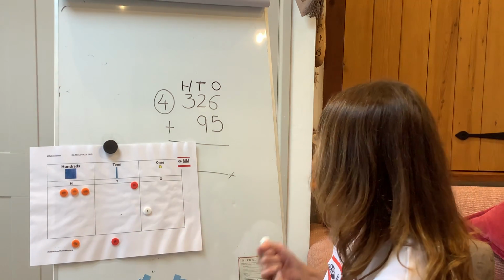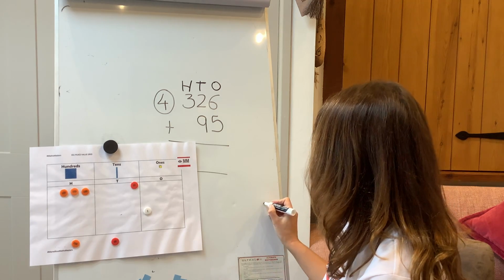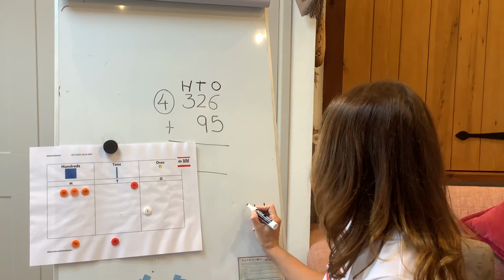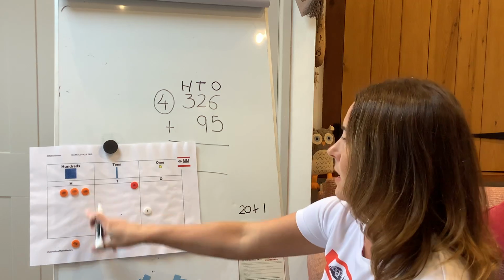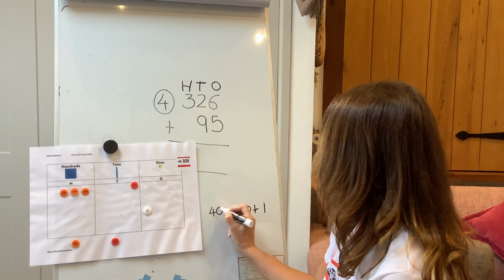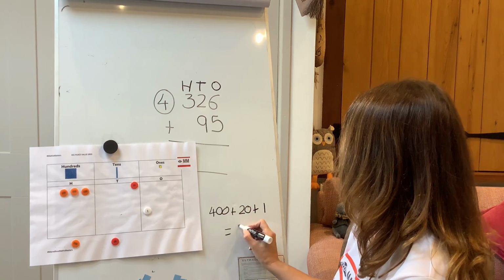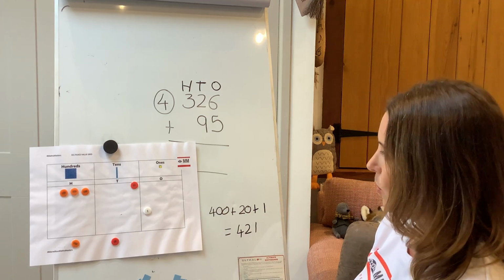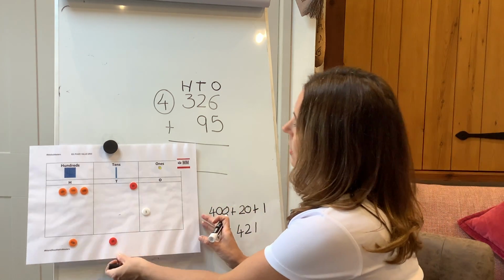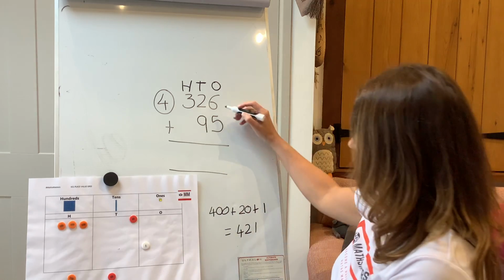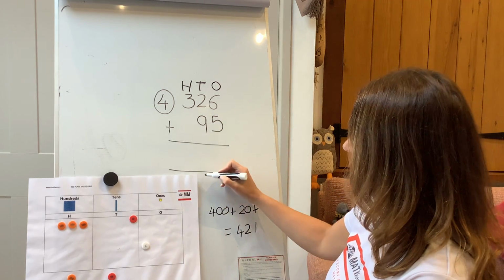I've got 1, and I've got 20, and I've got 400 there. So it makes 421.